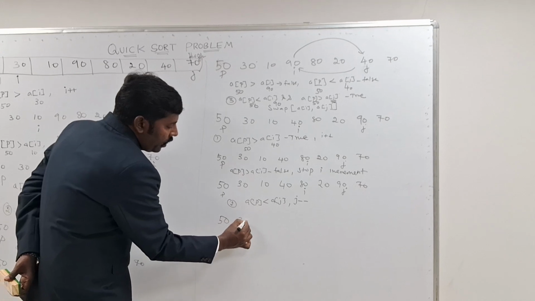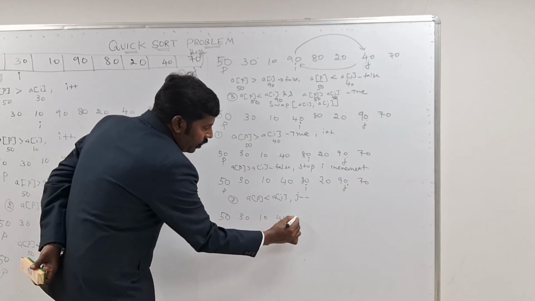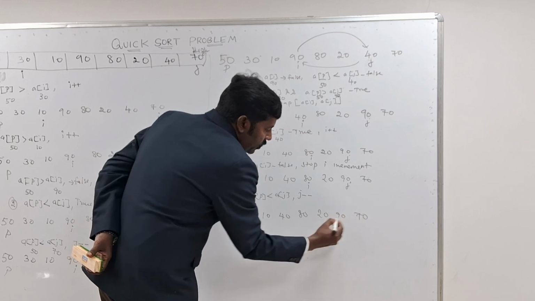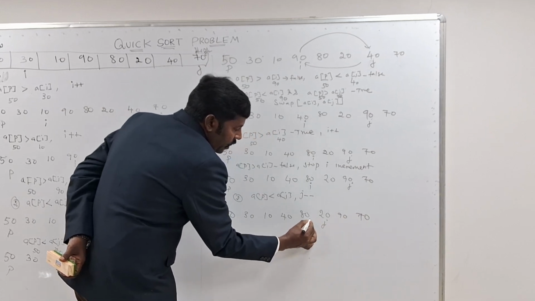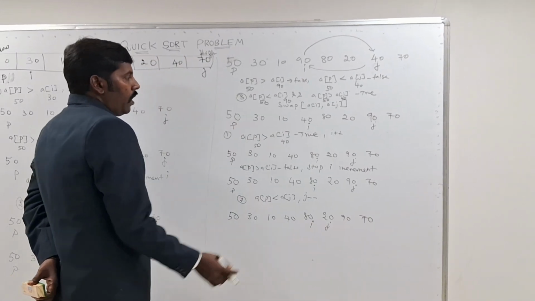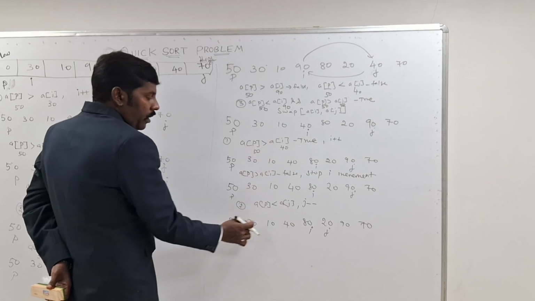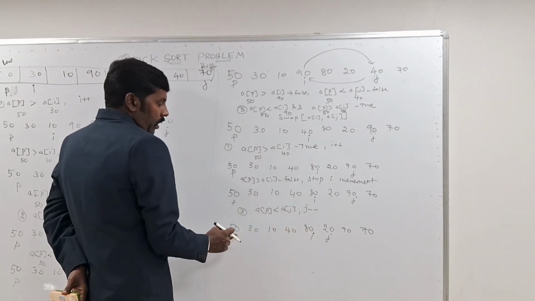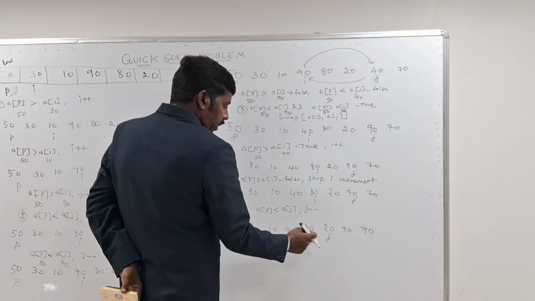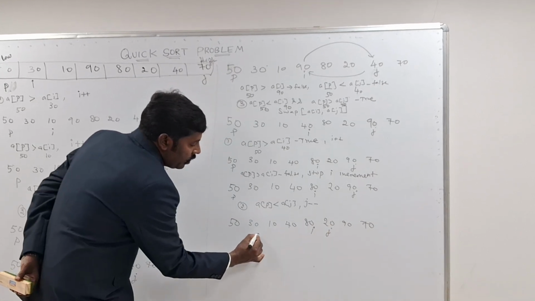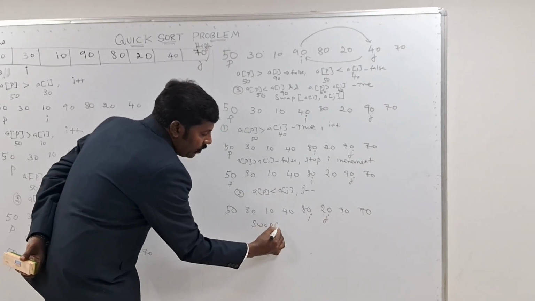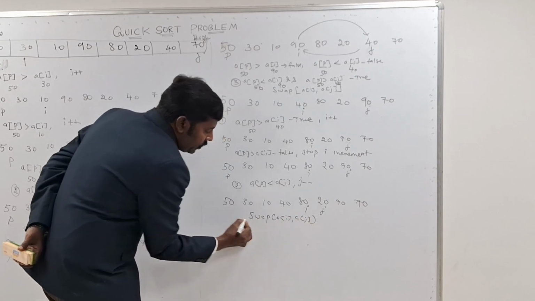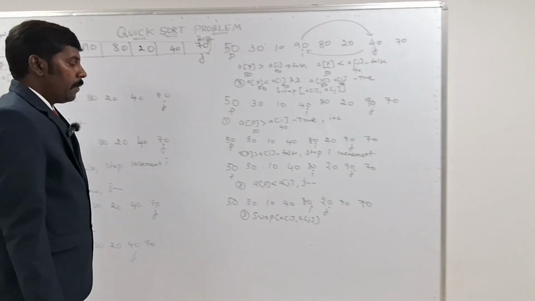Again the condition is false, that means A of P less than A of I and A of P greater than A of J. Now swap the values A of I and A of J. This is condition 3.